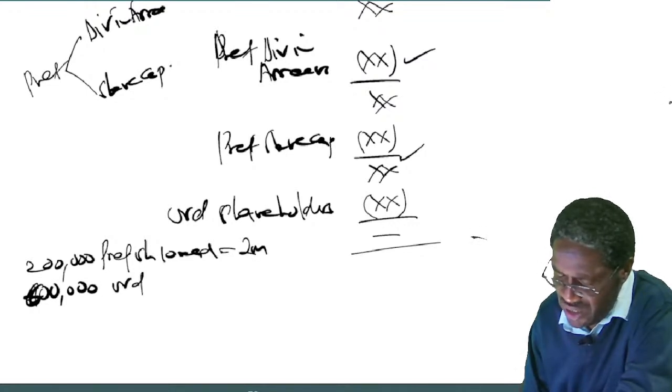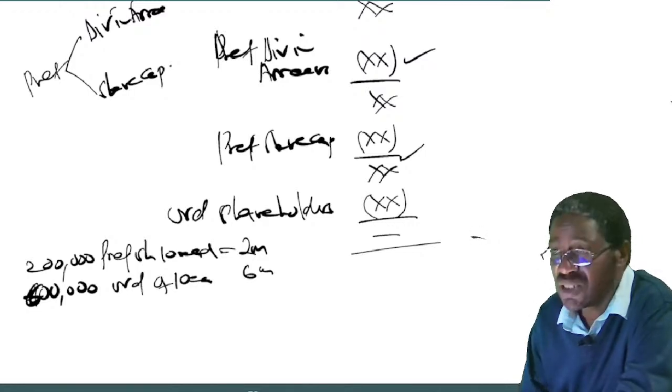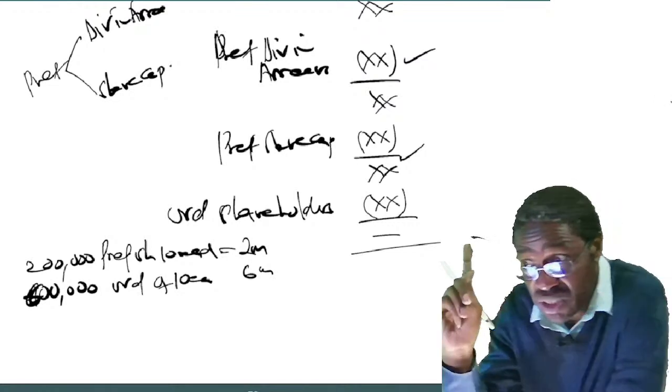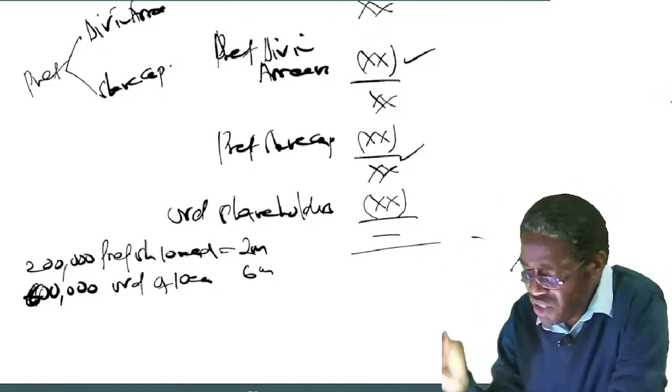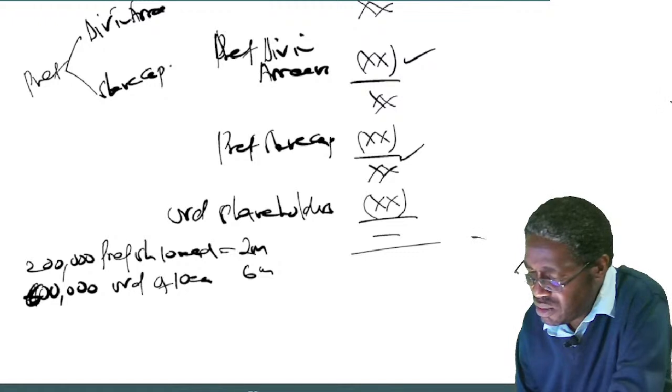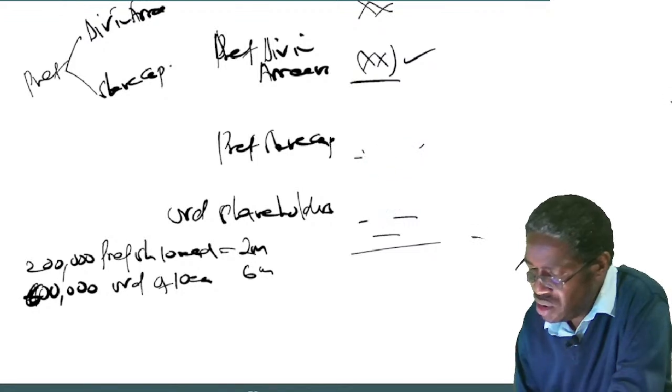Then ordinary is 600,000 ordinary shares of 10 each, that comes to 6 million. Now listen, that's in the balance sheet. But I'm assuming after paying the arrears, ukabaki na how much? Let me assume ukabaki na 3 million.